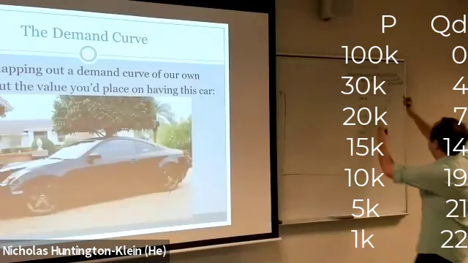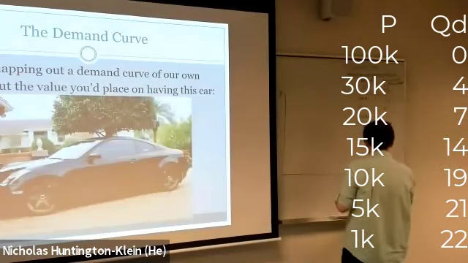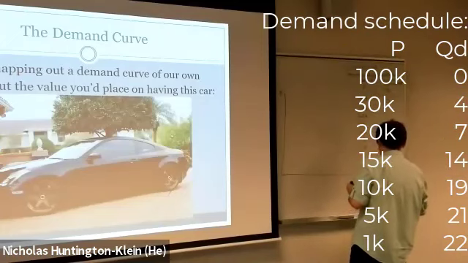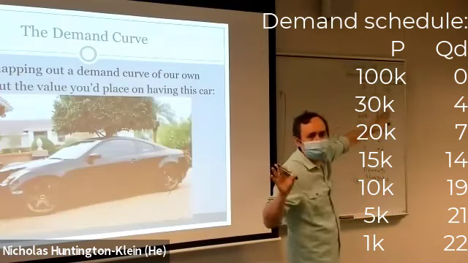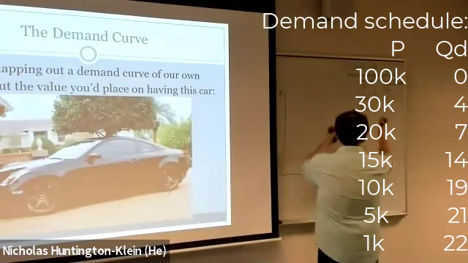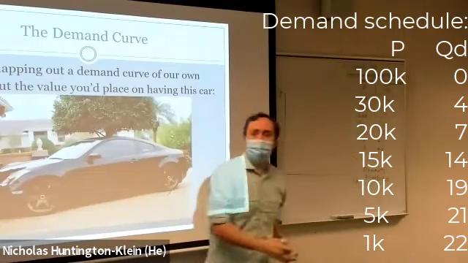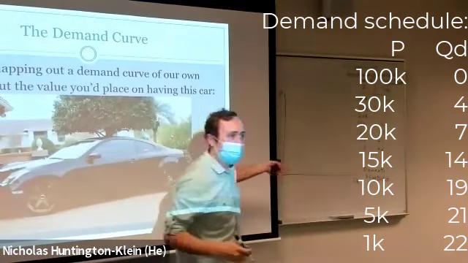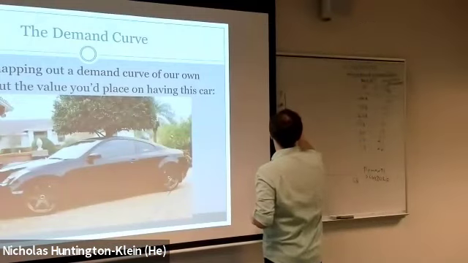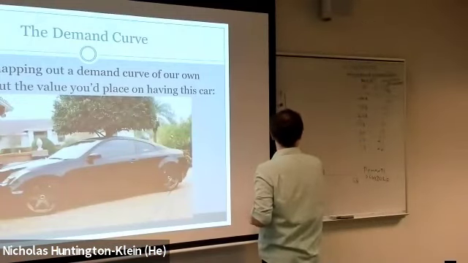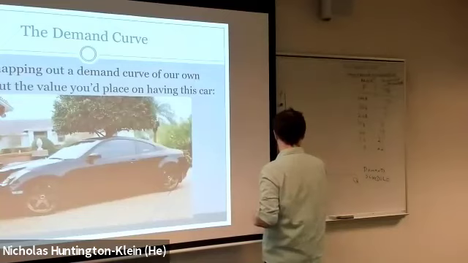All right, so we've got this information. This is what's called a demand schedule. It's just writing out at the different prices how many units we would sell. That's it, right? So we're going to take this demand schedule, we're going to put it on our demand curve. Basically the same thing, just one's a graph, one's a table. So we're going to say the price of, we got 100K, 30K way down here, 20K, 15K, 10K, 5K, 1K.